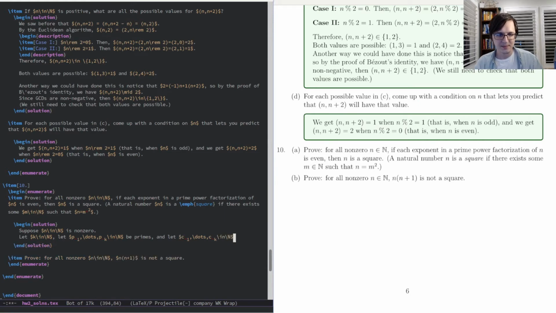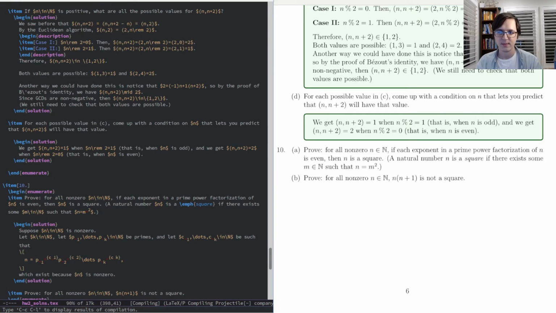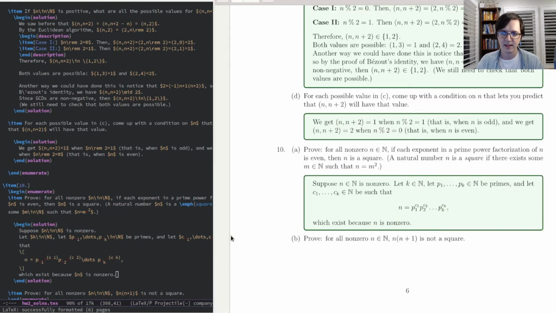But be such that n equals p1 to the c1, p2 to the c2, dots, pk to the ck, which exist because n is non-zero. The which referring to all these numbers.